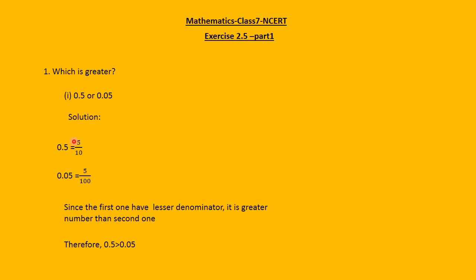So 5 upon 10 is a greater number because 10 is lesser than 100. So 0.5 is greater than 0.05.